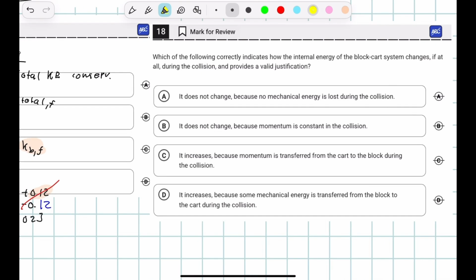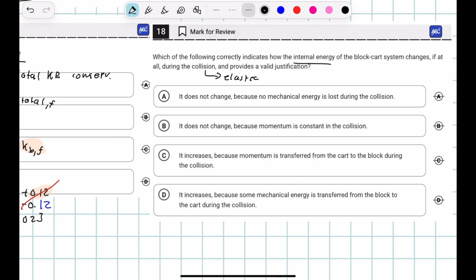Which of the following correctly indicates how the internal energy of the block-cart system changes, if at all, during the collision, and provides a valid justification? So, what do we know? We know that the collision was elastic, right? And we're asked how does the internal energy change?